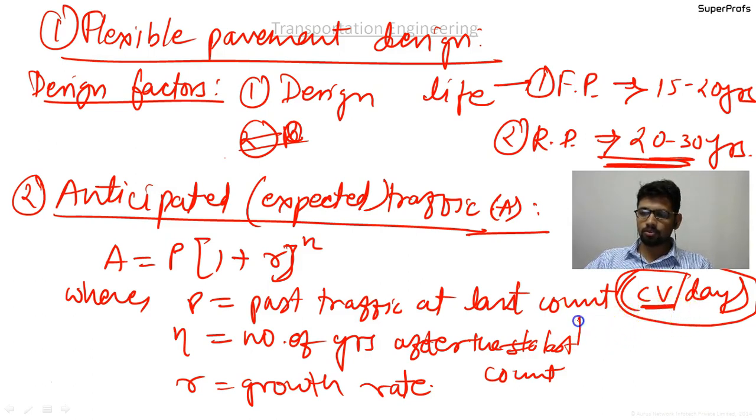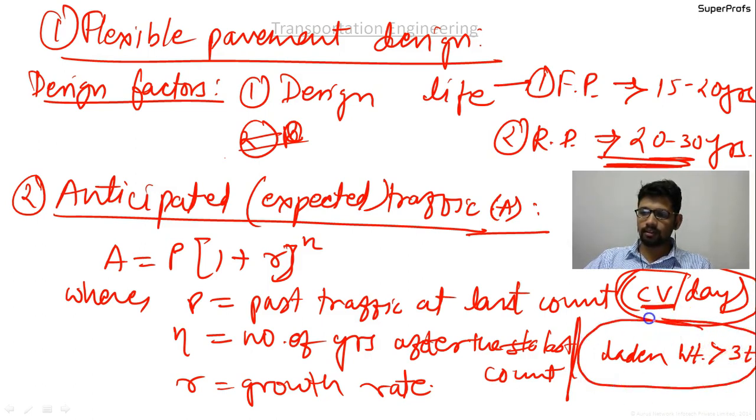If the laden weight is greater than 3 tons, then it is called a commercial vehicle. It is important, guys, that you know what a commercial vehicle is.